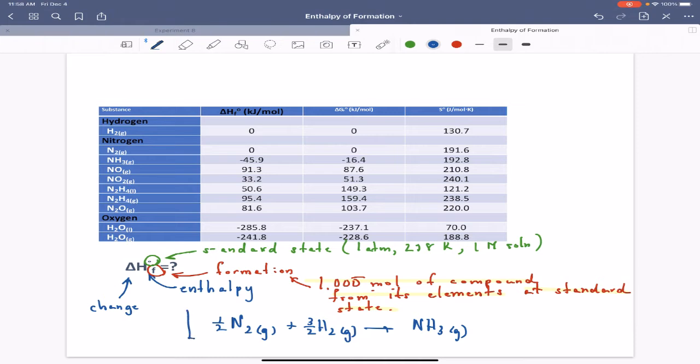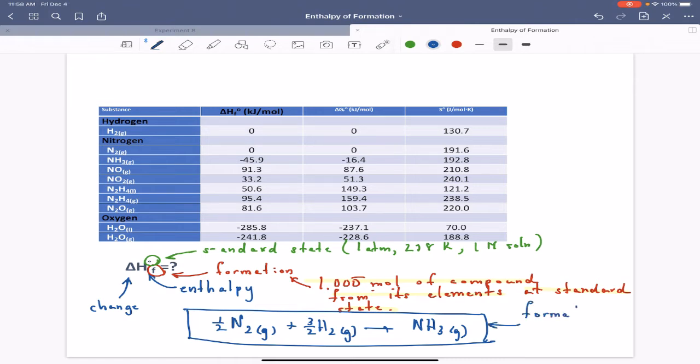The formation equation for ammonia as a gas is written here. A formation equation is the formation of a compound or an ion from its elements in their standard state. The formation of 1 mole.